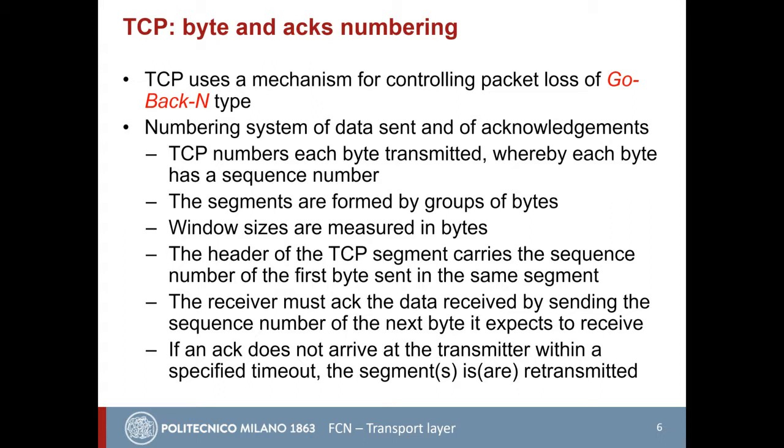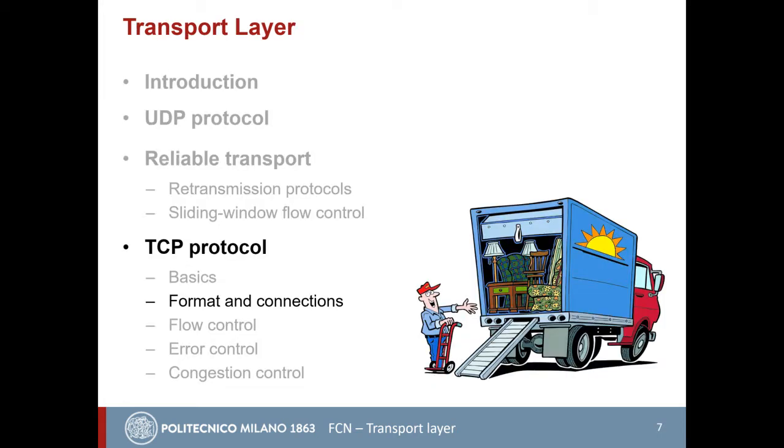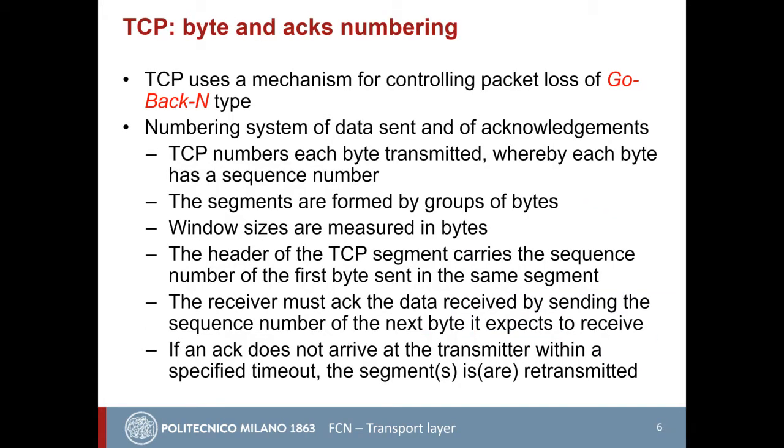And then there is also the timeout mechanism. So if the transmitter does not receive an ACK on a segment and the timeout expires, then it enters the retransmission mode. We will look at all these concepts better and with more words in a minute.